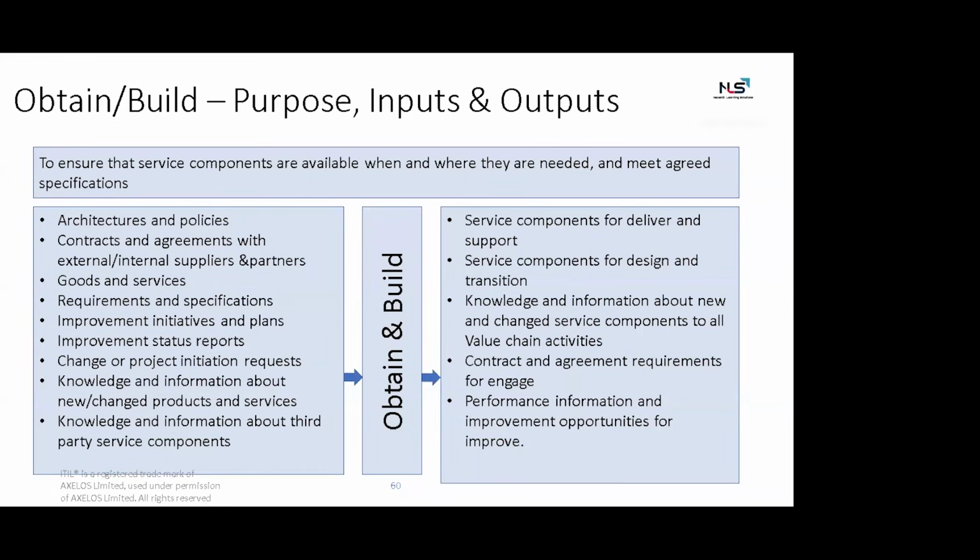architectures and policies, contracts and agreements, goods and resources, that means your hardware, requirements and specification, improvement initiatives and plans, improvement status reports, change or project initiation requests, knowledge and information about new and changed services or products, knowledge and information about third party services and products.